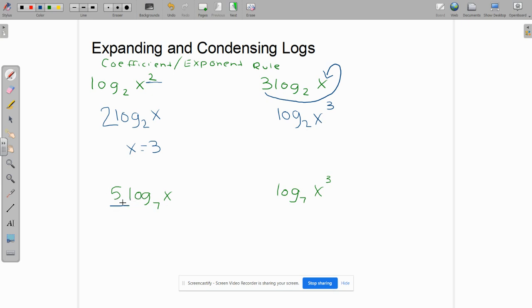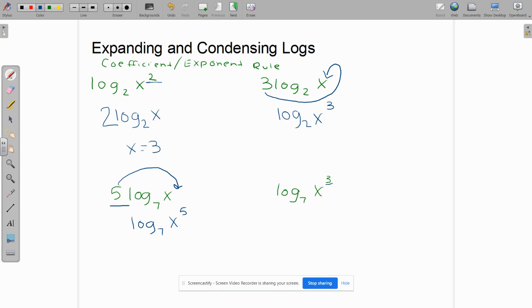We'll take a look at some more examples. Right here you have your coefficient 5. With log base 7, I'm going to keep the 7 the same, and I'm going to keep my x. This 5, since it's the coefficient, is becoming the exponent of this x. So I have log base 7 of x to the 5th. Now this next one is like the first example we did. It's backwards of the other one because they are opposites of each other.